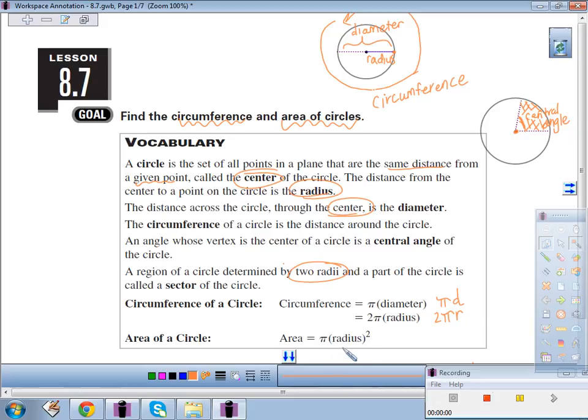The area of the circle, remember when we talk in terms of area, we always include square units, and this is the way that might be easy to remember the difference between circumference formula versus the area formula, that the area is pi times the radius, but it has this squared term for area, pi radius squared.